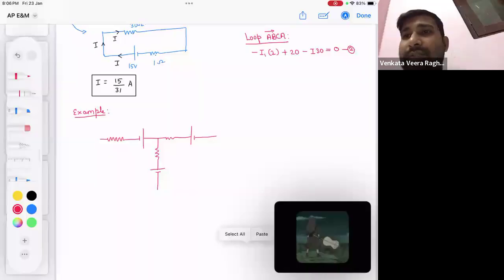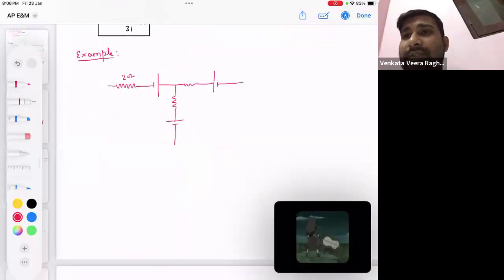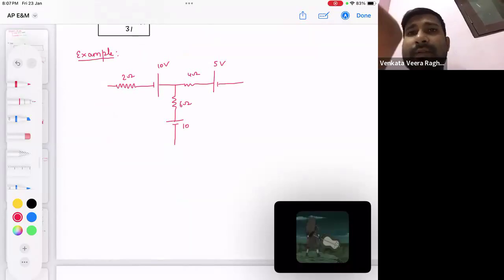These resistors, let's take 2 ohm, this is 4 ohm, 5 volt. This is also 2 ohm, 4 ohm, let's take 6 ohm, and this voltage is given as 20 volt.